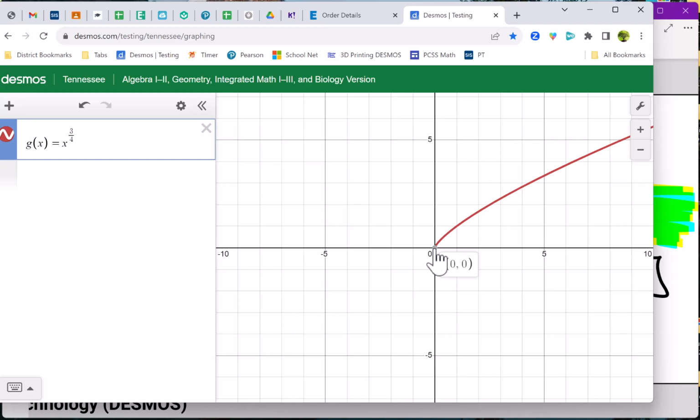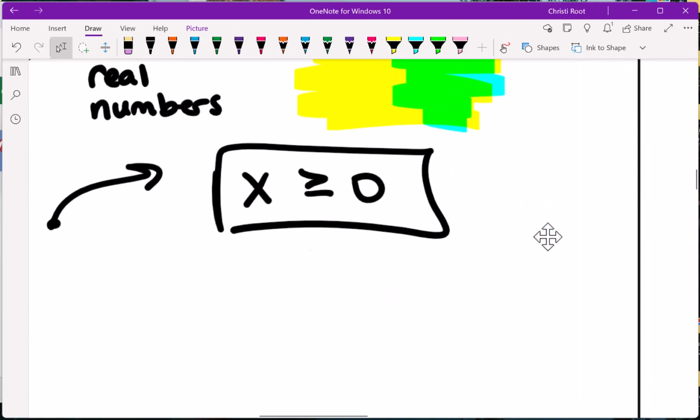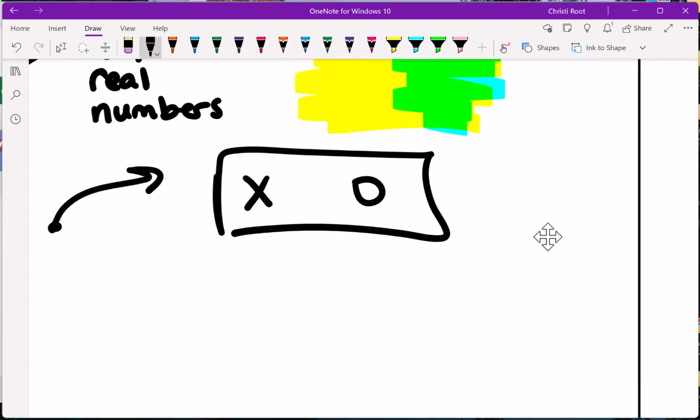So what that means is that you cannot use x is 0. It's not going to work. So you're going to have to come back over here and remove that part from your domain. That's actually pretty easy. All you've got to do is just take that out and just put greater than. So if you're dividing, chances are you're probably going to remove the 0 from your final domain.